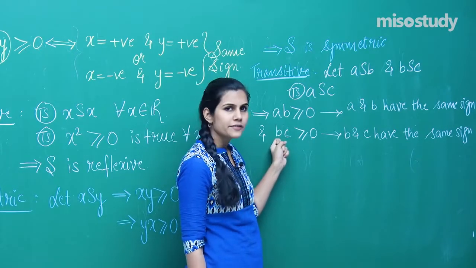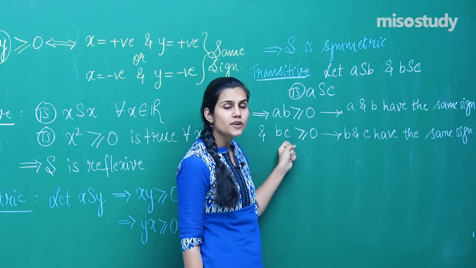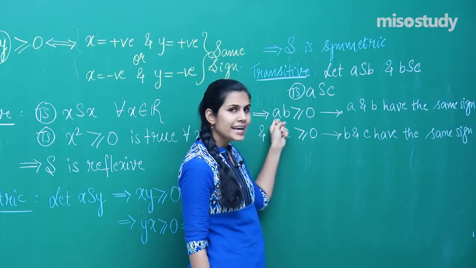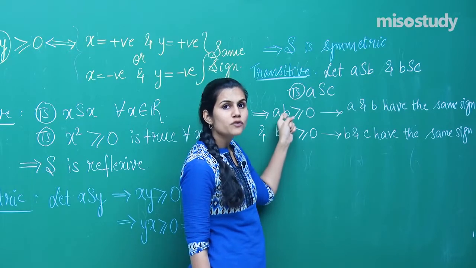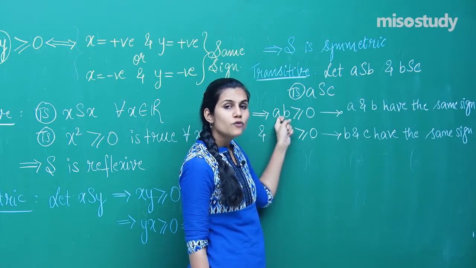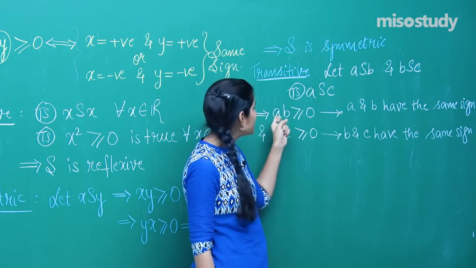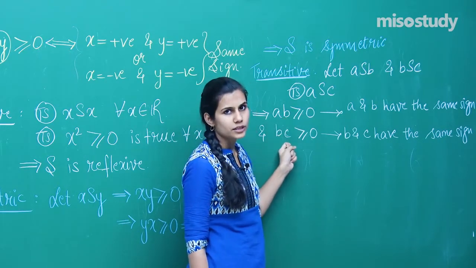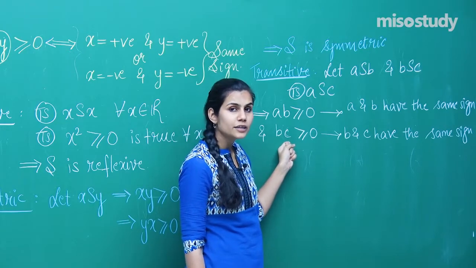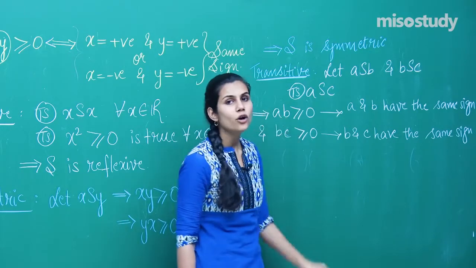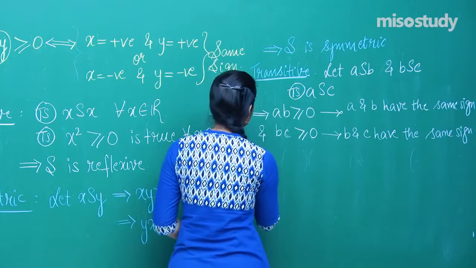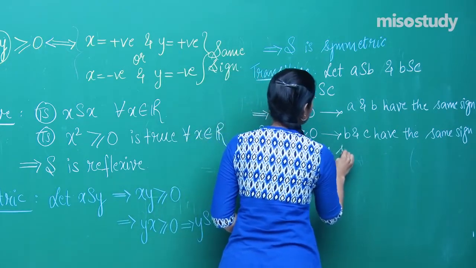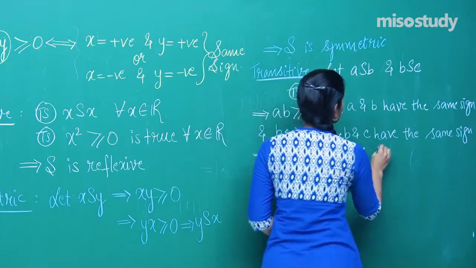And if B is positive here, C has to be positive to give out B into C non-negative. That means I had taken A as positive, because of which B turned out to be positive, for A into B to be non-negative. This means A and B both are positive, which means B and C both are positive, to give B into C as non-negative, which means A and C both are positive, which means A and C have the same sign.